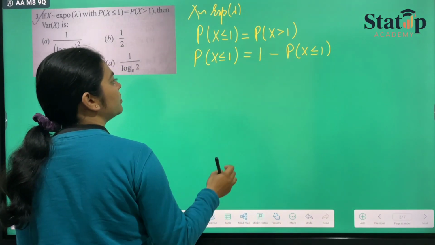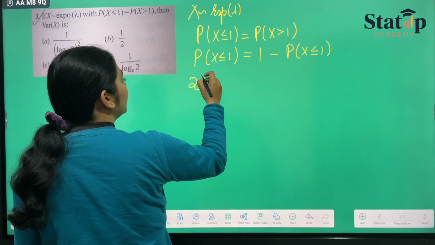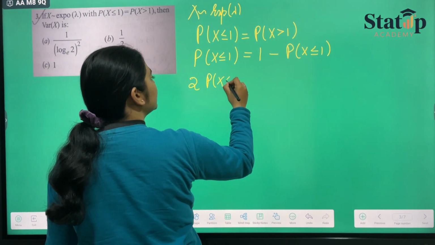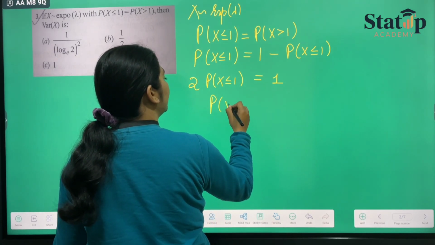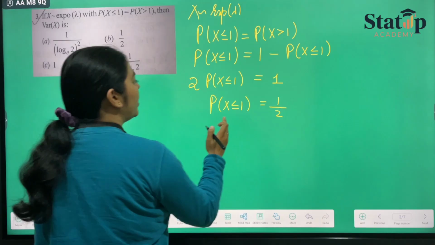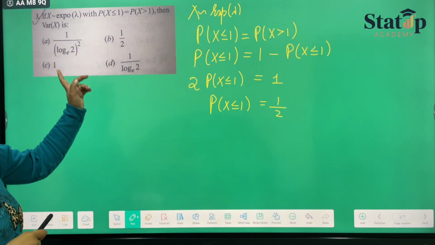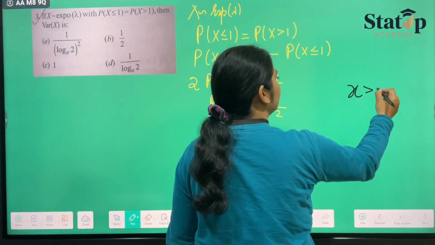Since these two terms are same, we can take it on one side and they'll get added. It will be 2 into probability x less than or equal to 1 is equal to 1. Probability that x is less than or equal to 1 is equal to 1 by 2. Now we know that for exponential distribution, x is greater than 0.